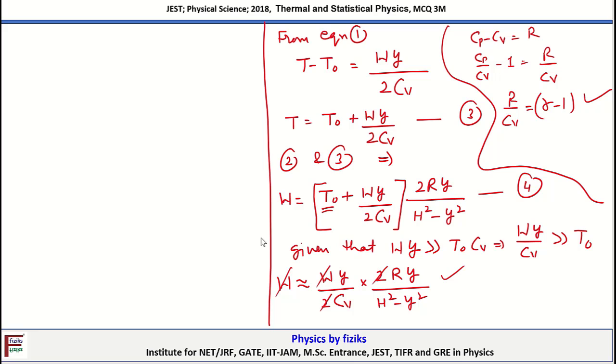Okay, so from this point onward I can write 1 equal to R by Cv into y square upon h square minus y square. R by Cv is equal to gamma minus 1, so that is gamma minus 1 into y square upon h square minus y square.